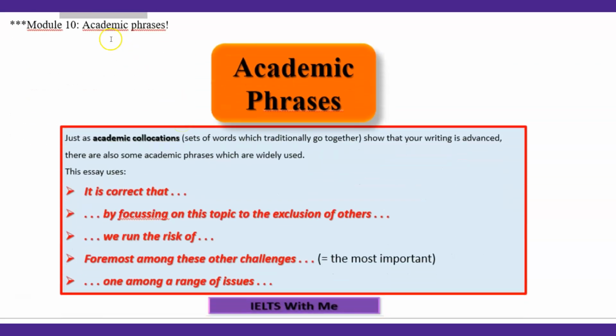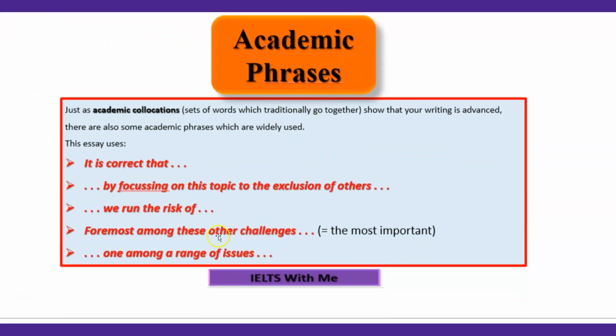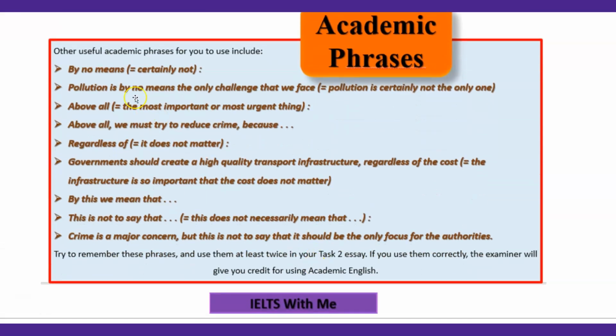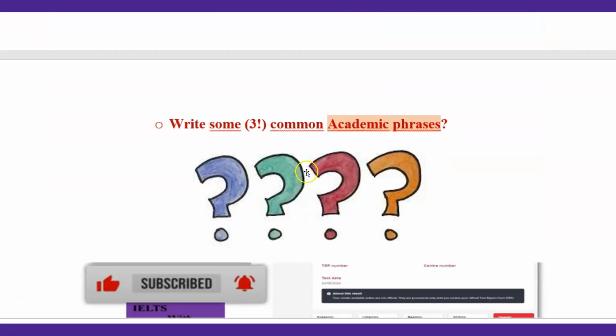The candidate perfectly used academic phrases such as foremost among these is, for example, etc. And okay, what are the other academic phrases? You can take a look at our previous videos and learn them.